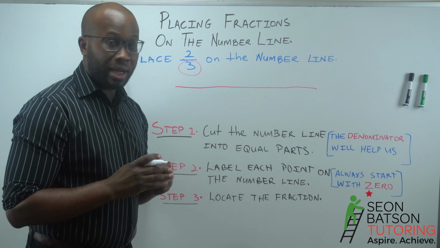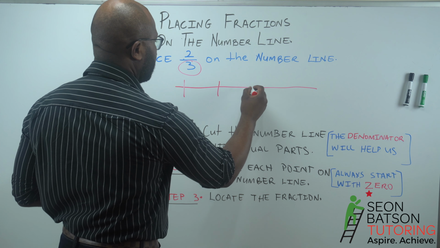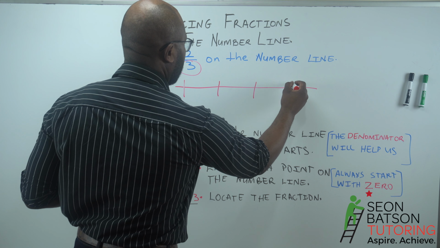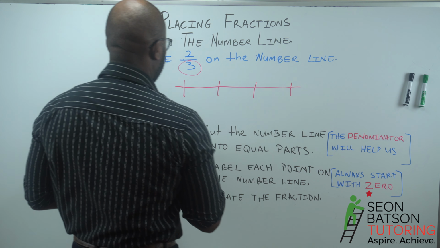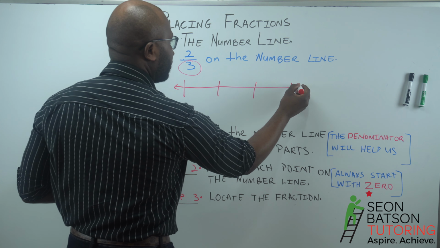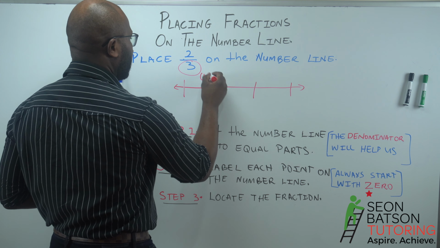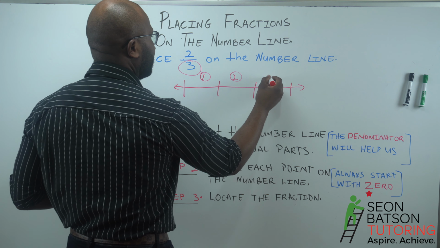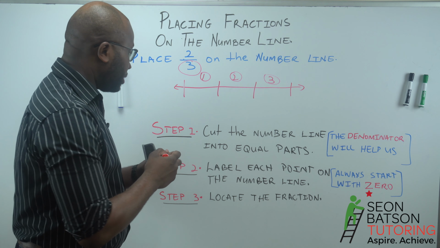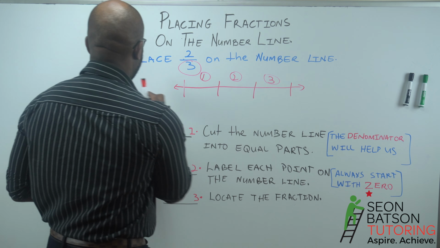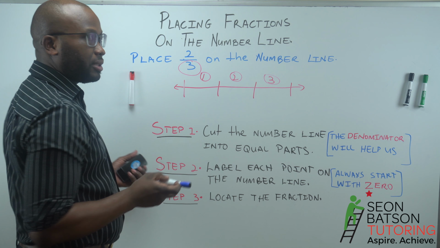So they look about equal, yeah? We have 1 part here, 2 parts, 3 parts. So we have successfully cut our number line into 3 equal parts.